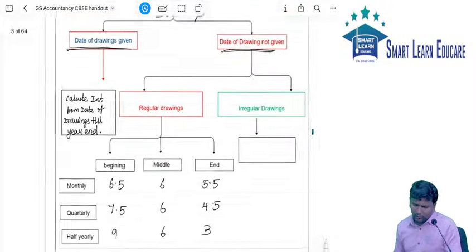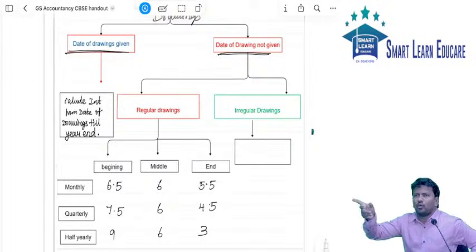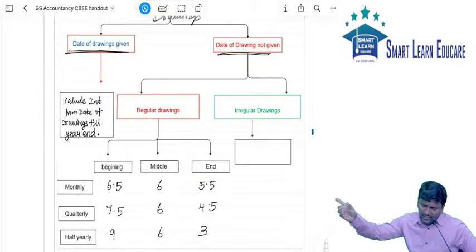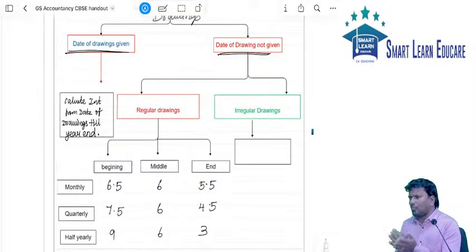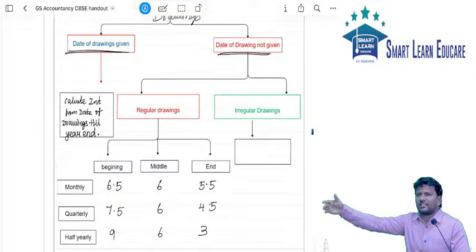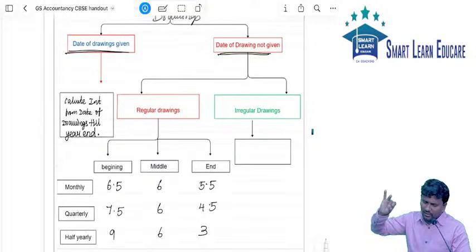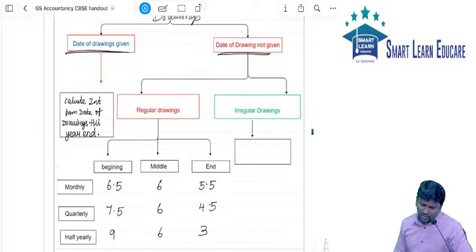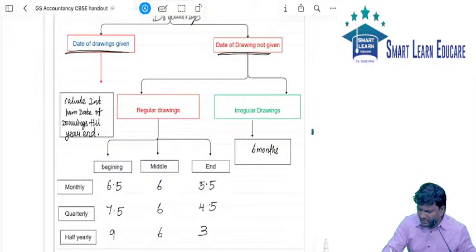First, write the notes. Drawings have two classifications: date given, date not given. If the date is given, it is very easy: from the date till year end. If the date is not given, we have two classifications: regular and irregular. Regular has three classifications: beginning, middle, end. Within these we have three classifications: monthly, quarterly, half yearly. If it is irregular, calculate for how many months? 6 months. I will give you 1 minute.